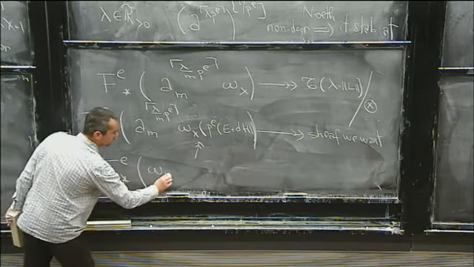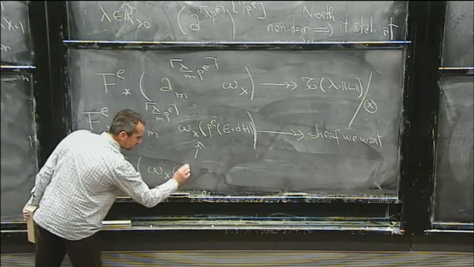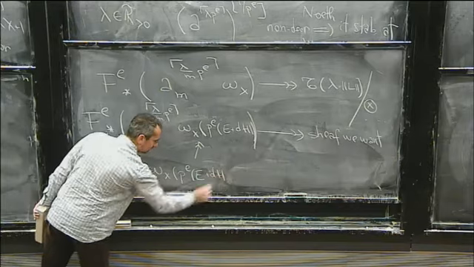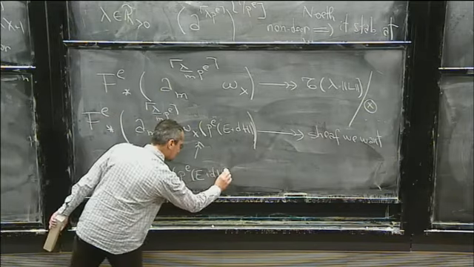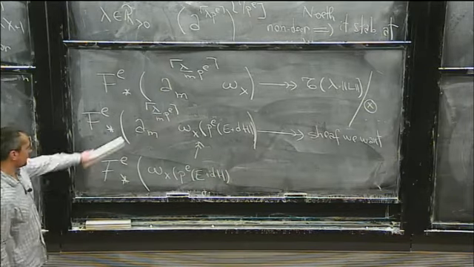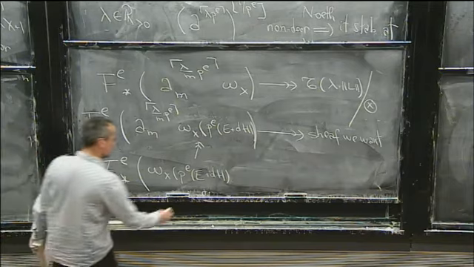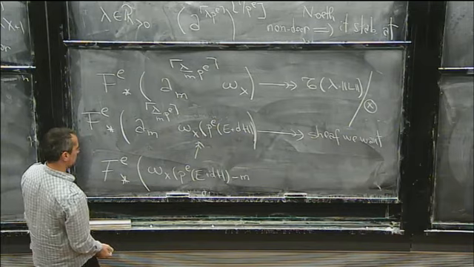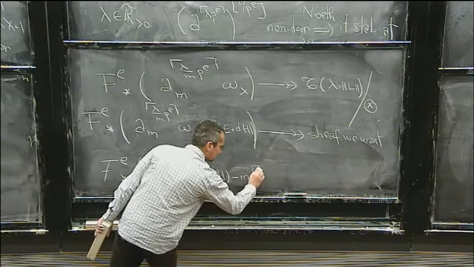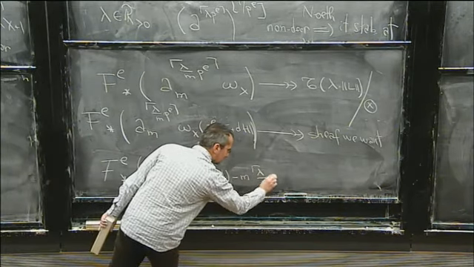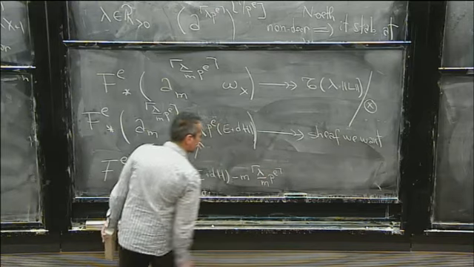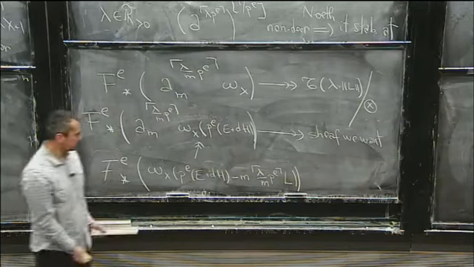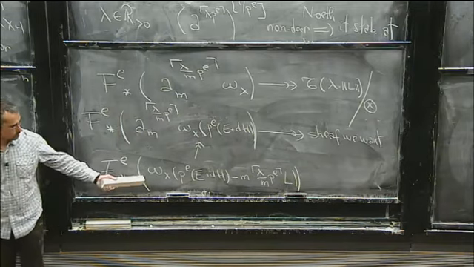It's omega x with p to the e plus dh, and then again minus m times the roundup of lambda over m times p to the e times d times L.